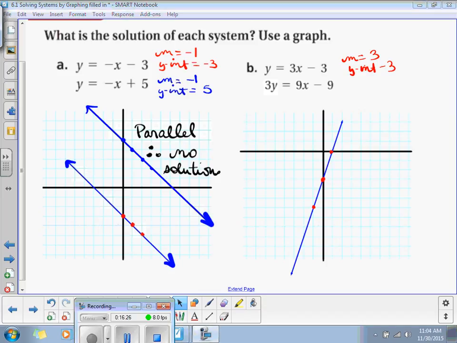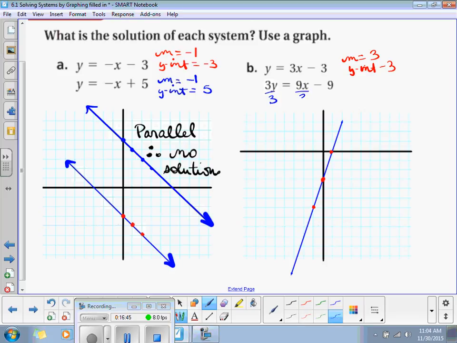Is my second equation in slope-intercept form? No, it's not, because it says 3y. Slope-intercept is y equals. So how do I get that 3 out of there? You have to divide by 3 on both sides, on each term, right? So we're going to divide by 3 here, here, and here.